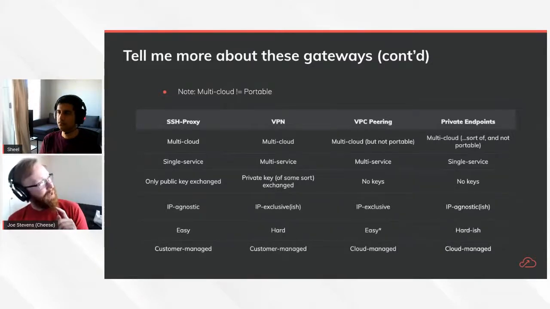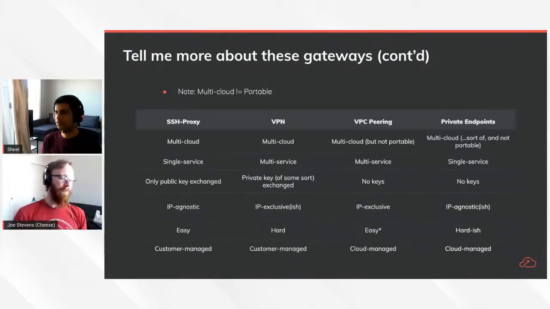Let's see, I think in Amazon it's fully IP agnostic because I believe that it's just an endpoint in your VPC. I believe in GCP it's actually managed by way of a peering connection to just a tiny, tiny little VPC. So you do need to do a little bit of IP space management there, but you can largely think of these as IP agnostic.